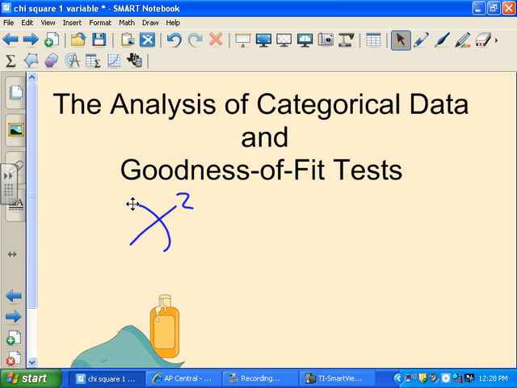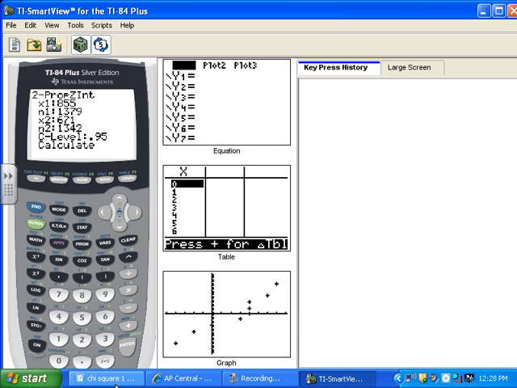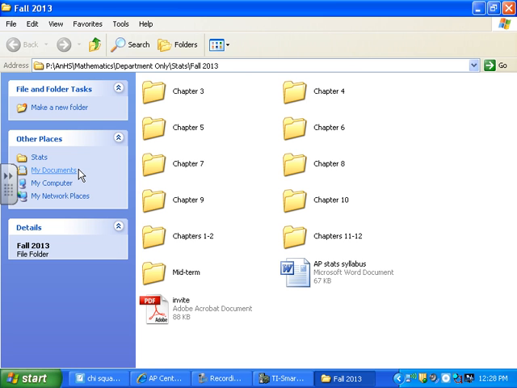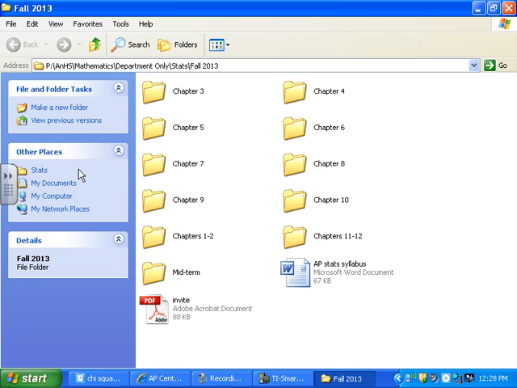Now, if you would, grab your formula sheets. The very last page on your formula sheet should show the chi-square distribution. It is not a normal distribution. That's the first thing you should notice when you see the chi-square statistic.